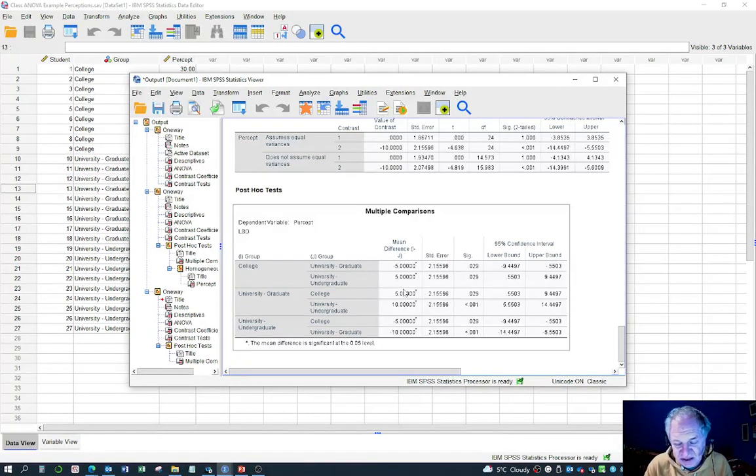Whereas if I do Fisher's LSD, all three pairwise comparisons are significant. College is different from undergrad, college is different from grad, and undergrad is different from grad. Different story. All based on one decision that is a simple toggle of post hoc comparisons. So be careful. Go to Tukey's.